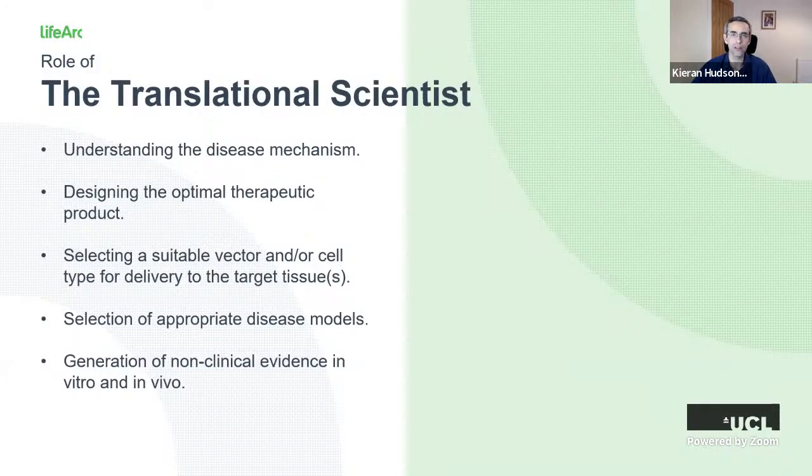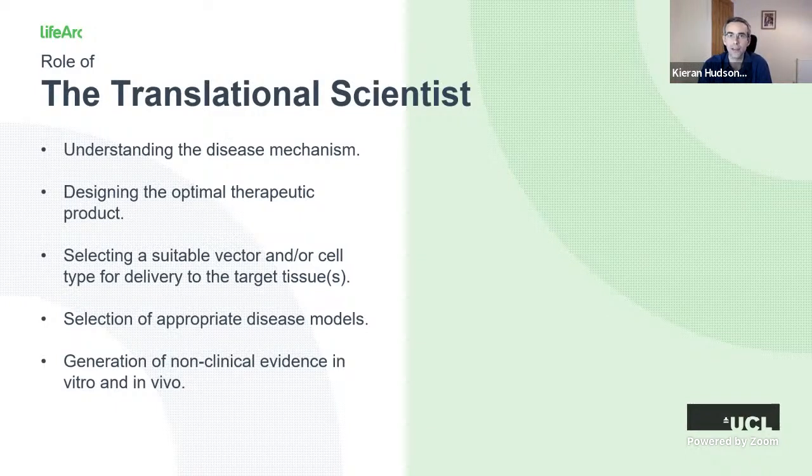So the translational scientists, I'm assuming most but not all of the people on this webinar are probably scientists. Their role generally is to do most of that non-clinical discovery and a certain amount of the non-clinical development work. They come in with the understanding of the disease mechanism. They have a thesis about their therapeutic approach and product.